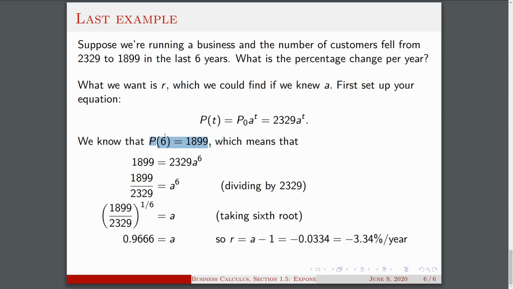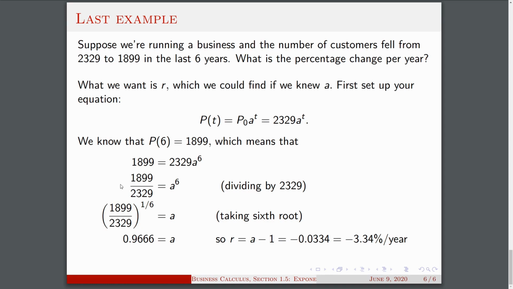I know that after 6 years, the number of customers is 1,899. So I will plug in 1,899 for the y value, and I will plug in 6 for the value of t, and I get an equation with only one variable here, which I can solve for. So let's see how we do that. So first I'm going to divide by 2329, and I'm going to get this.